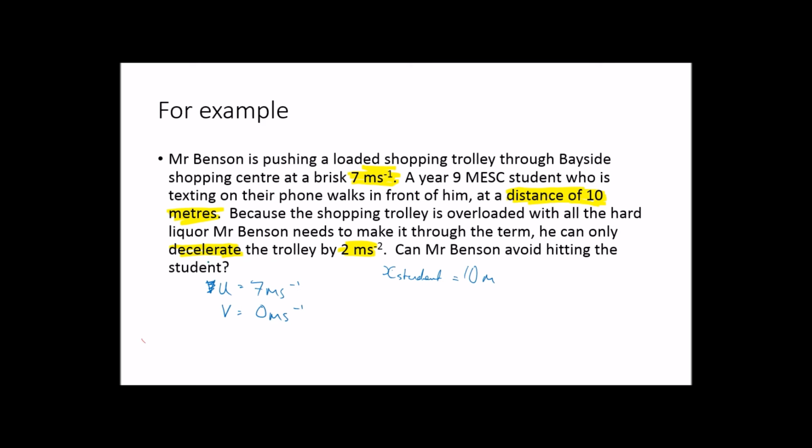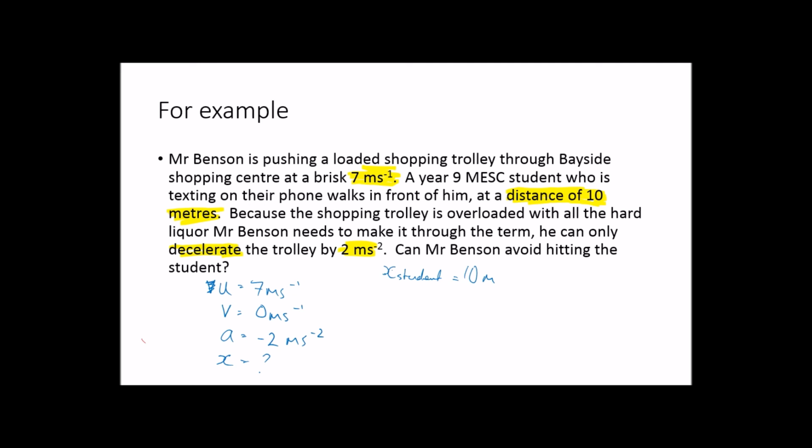Other information, decelerate the trolley by 2 meters per second, so we've got A equals minus 2 meters per second squared. And the question's saying, can I avoid hitting the student? So what does that mean? It means that the displacement of the trolley when I'm stopping it has to be less than 10 meters. So what we're trying to find is the displacement.